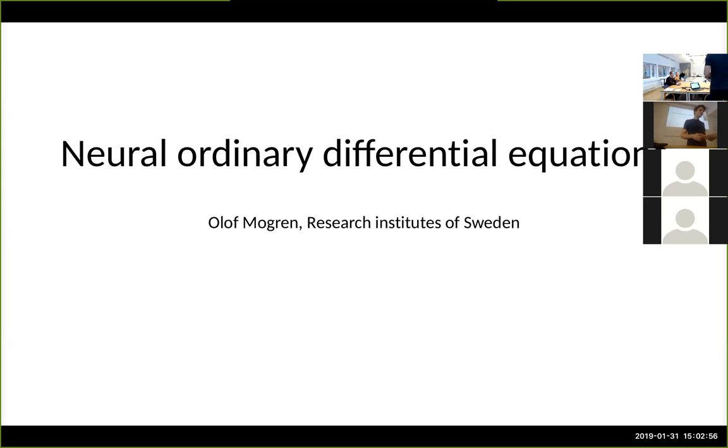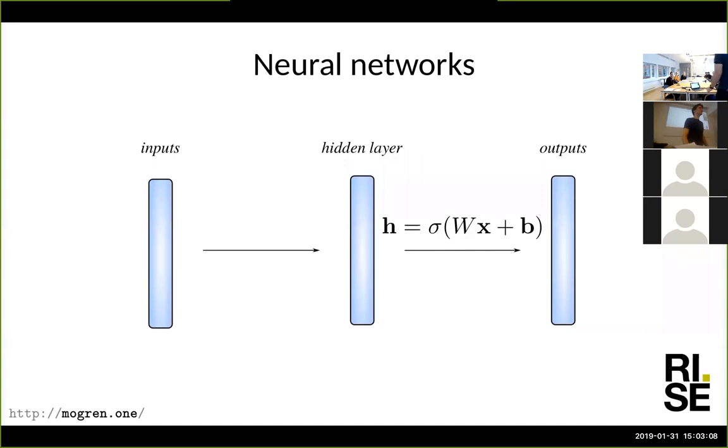But the paper and the idea is really cool, so I hope to be able to convey that. Right. I'll start with my introductory slides about neural networks, as I always do. And this time I painted this neural network with equal sized layers.